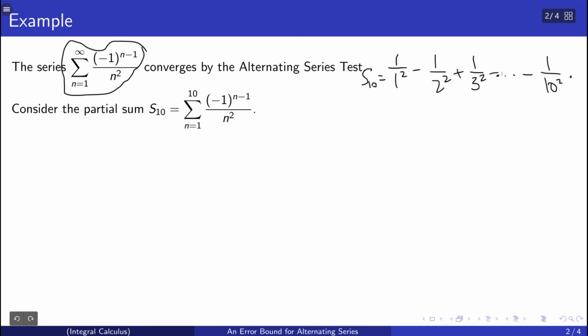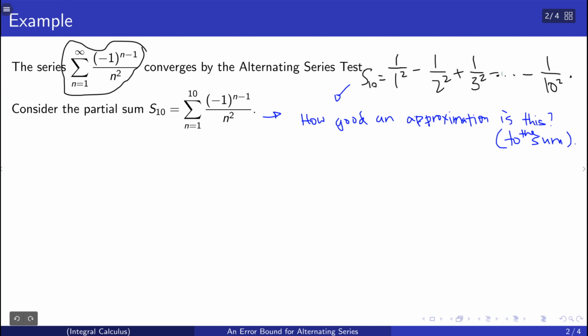And now the question that we want to ask here is, how good an approximation is this to the actual value, that is, the sum?